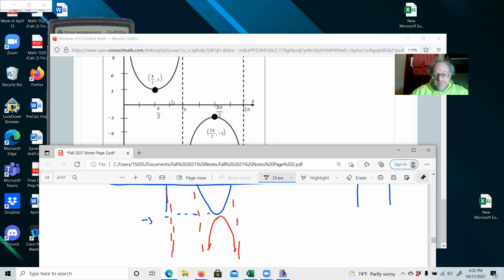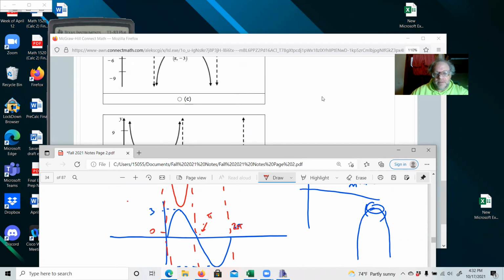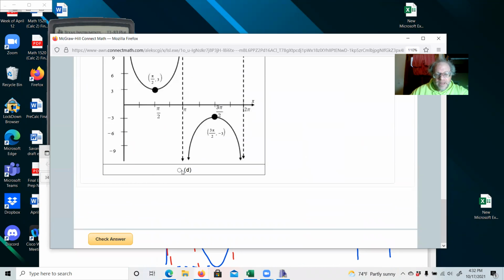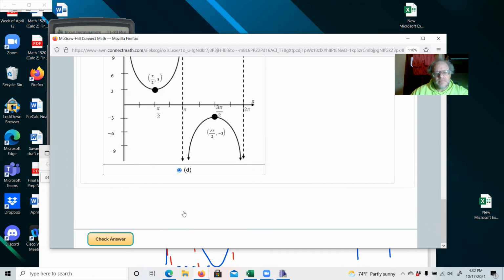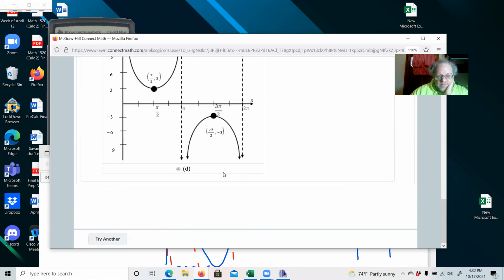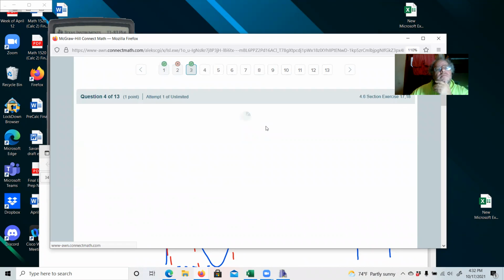This looks pretty good. Kind of liking this. Pi over 2 to 3. Yeah, I'm kind of liking this a lot. So let's go ahead and pick this one and move on with our lives. All right, let's go to the next one.